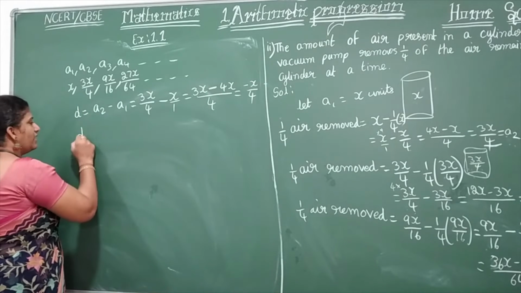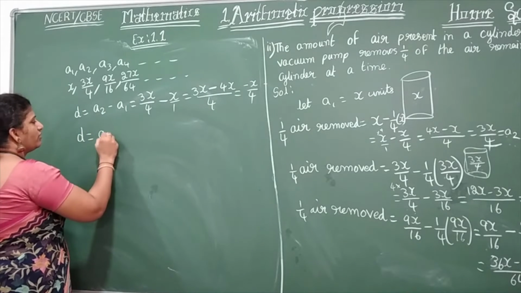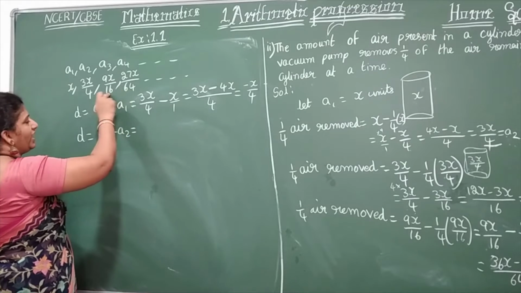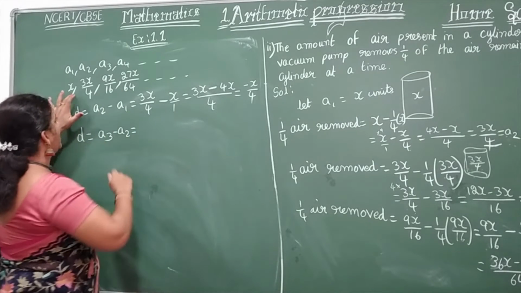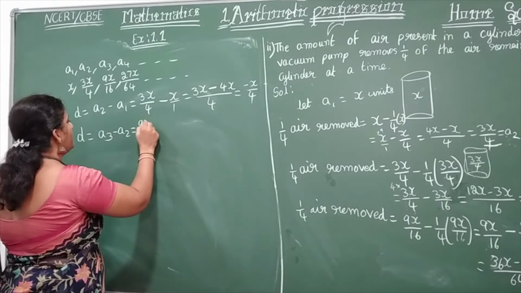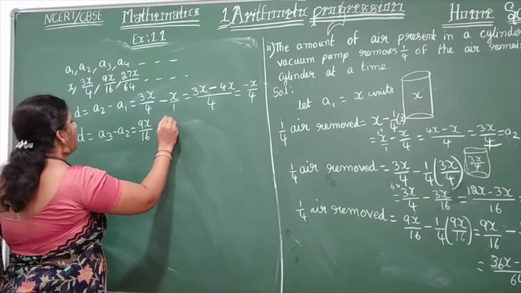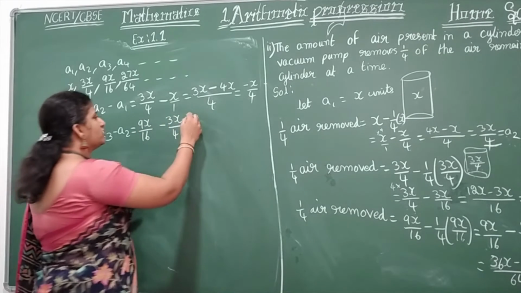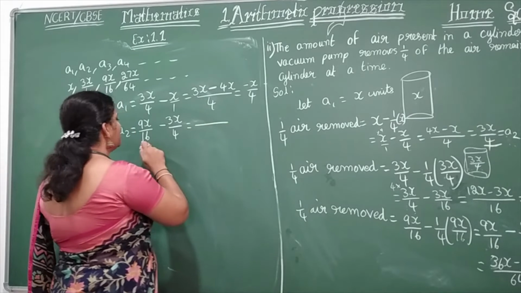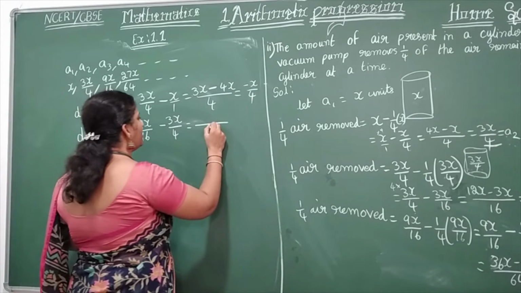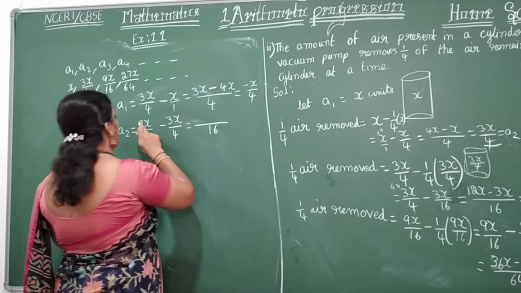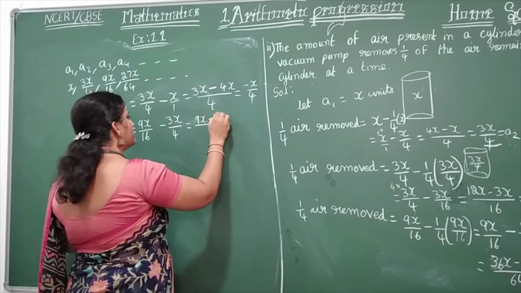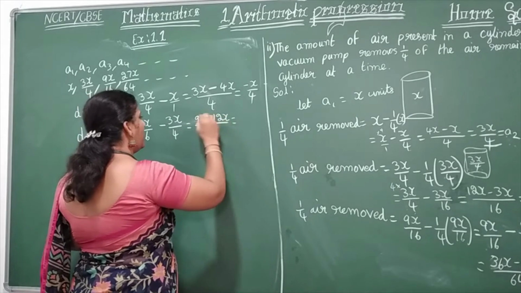Then again, let's see one more. Common difference, D is equal to A3 minus A2. This is 9x by 16 minus 3x by 4. Okay. So that will be, let's take the LCM. 16 and 4 LCM will be 16. And here it is 9x minus, this will be 12x.